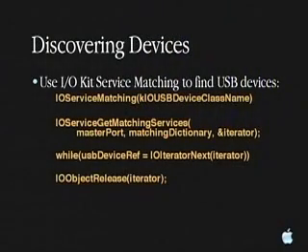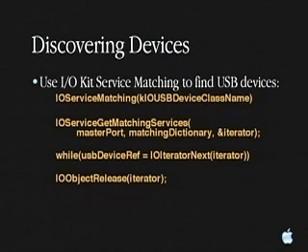So if you are running in user code, how do you find the device you're interested in? Well, there are some IOKit service calls that you use to find your device. The first one, IO service matching, says I want to create a matching dictionary that looks for any device in the kernel whose type is IO USB device.